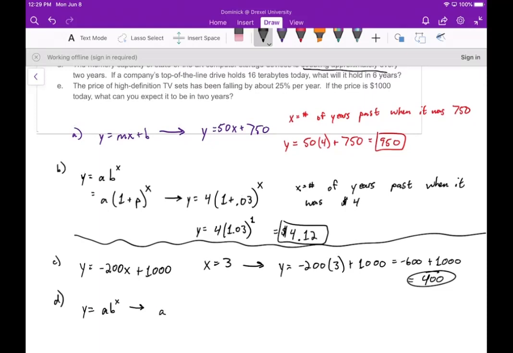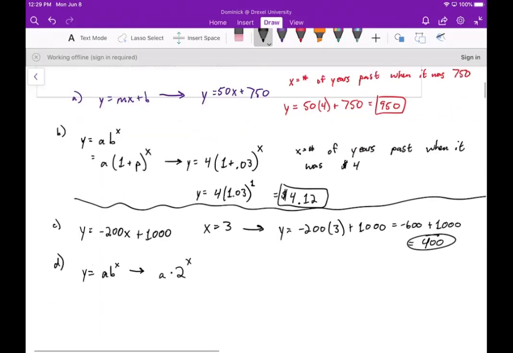So we're going to make b equal to 2 here, right? And of course, the other way to think of it, if you were to think of it as a times 1 plus p to the x, doubling is a 100% increase. So you would make p equal to 1, which would also lead you to 2 for your b term there. Okay, now we're starting at 16 terabytes, and multiplying that by 2 to the x.